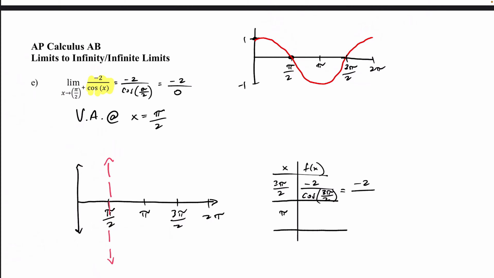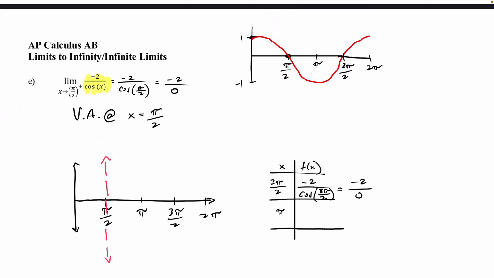It's 0. At 3 pi over 2, the y value is 0. So that means we have another asymptote there. We don't really care about that asymptote, but it's good to know. It's looking like every pi, it has an asymptote. Not really important, but that's just something to know.